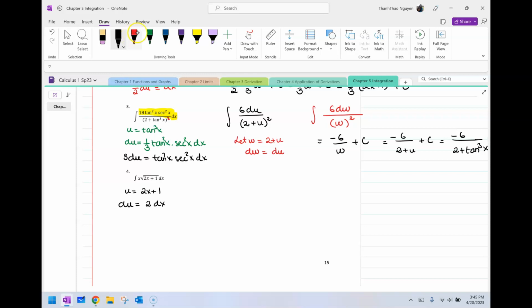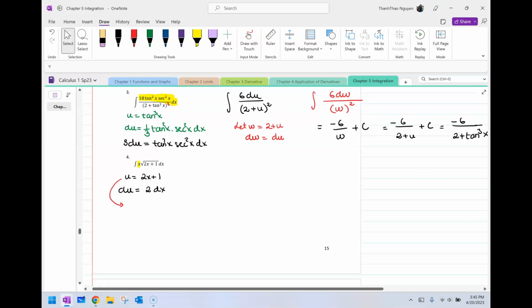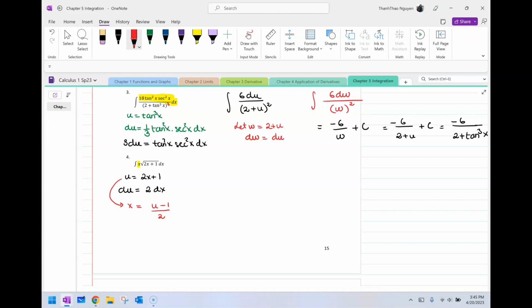But now we have an extra x here. So what do we need to do? One way around this is to solve for x in terms of u. If u equals 2x plus 1, this means x is equal to (u minus 1) divided by 2. And I will use that to substitute into my integral.